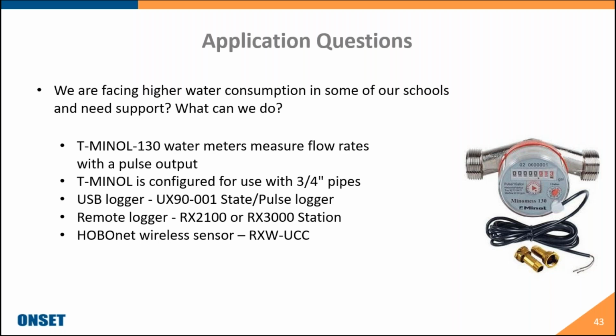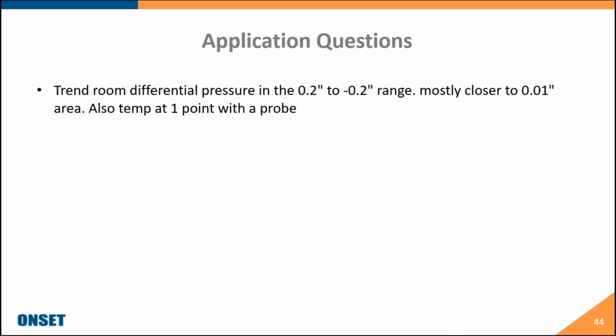For this one, we also have wired pulse input adapters, or we also have wireless pulse input adapters, if for some reason the RX unit couldn't be in close proximity to where you're taking this water level measurement. So again, simple, cost-effective solution for being able to monitor your water consumption.